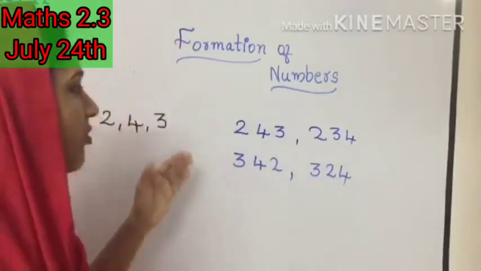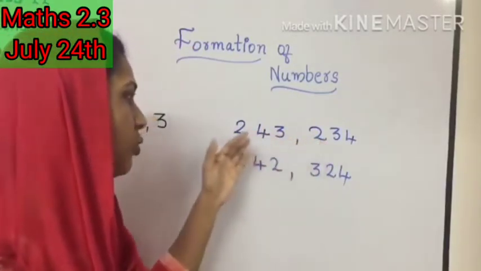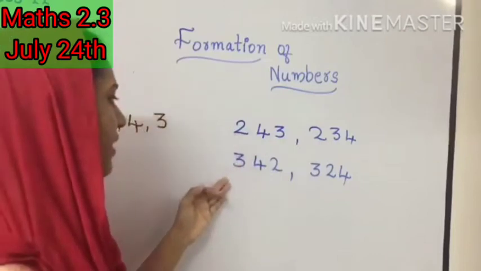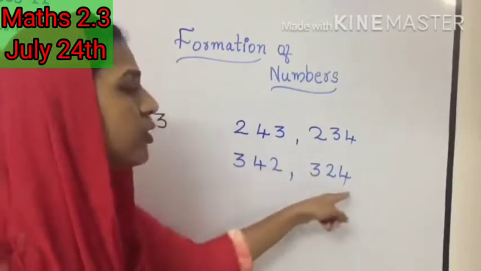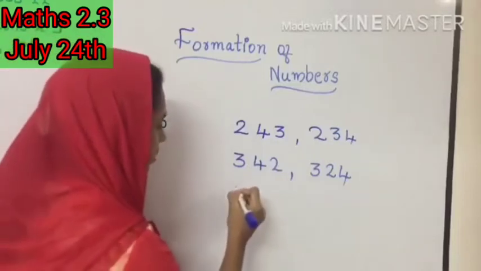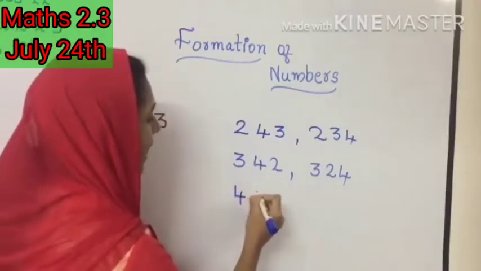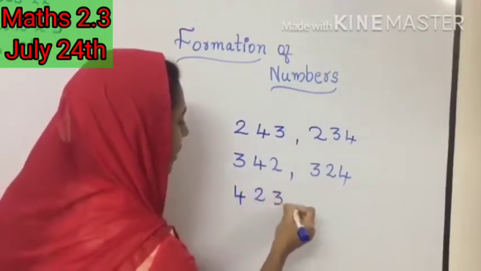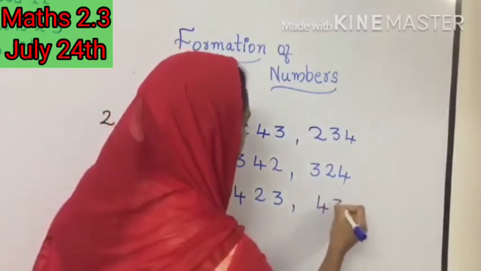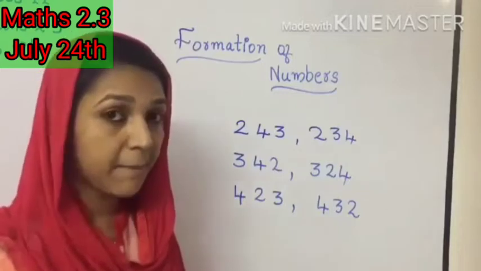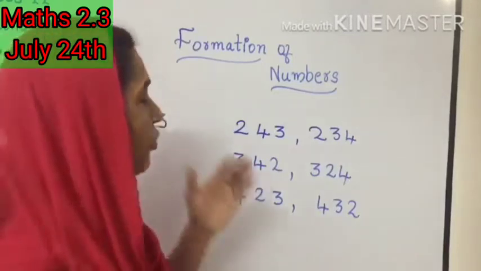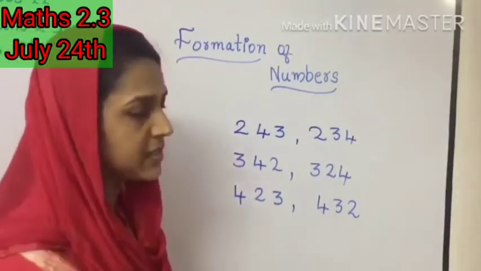So I started the first 2 numbers using 2 and the second 2 numbers using 3. Now we have one more digit, that is 4. So starting with 4, 423, 432. These are the numbers that we can form by using these 3 digits.